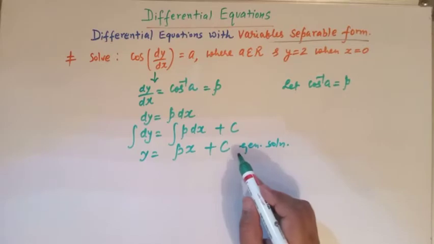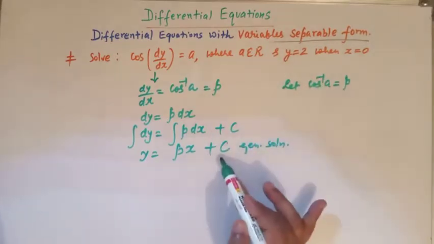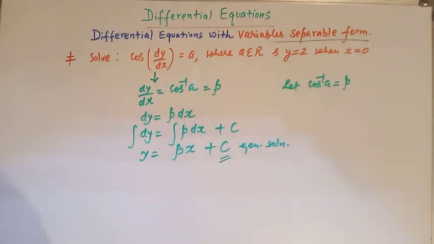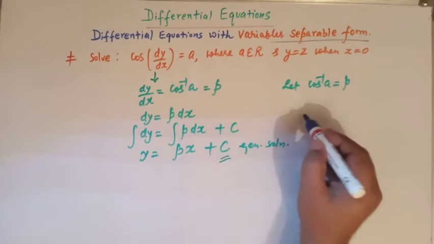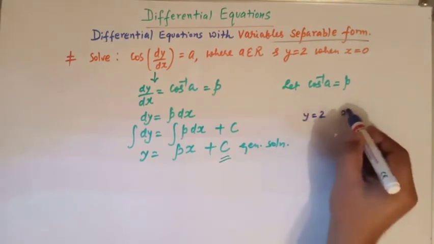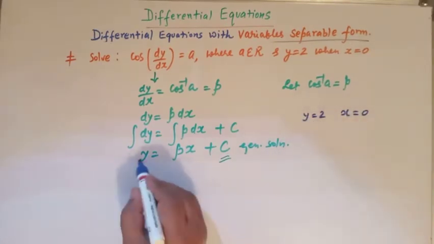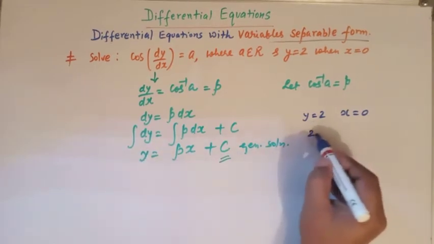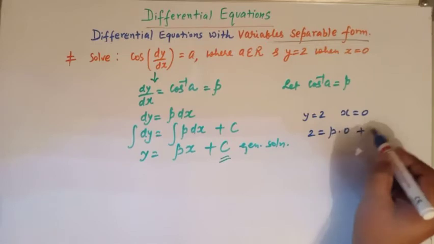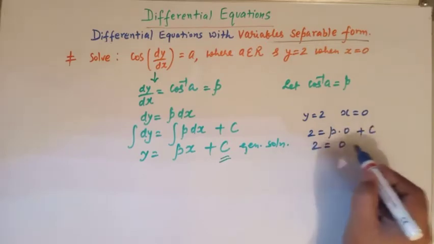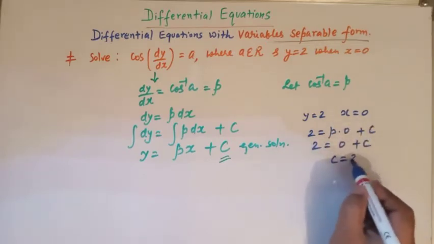Now here our aim is to find the value of c by making use of the given values. So here y is equal to 2, so we substitute y is equal to 2 when x is 0 in this equation. So we have 2 equals p times 0 plus c, so 2 is equal to 0 plus c, so c is equal to 2.